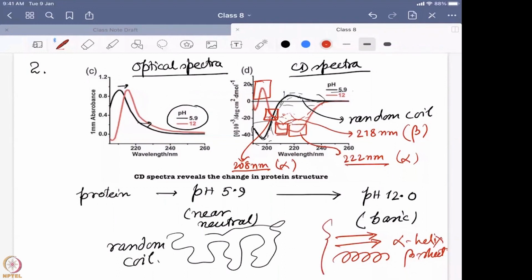Now the question might come up: why are we seeing such alpha helix and beta sheet at pH 12, which is not happening in neutral condition? So you can imagine what changes are going to happen if I go to a basic condition. There are two important parameters. One is the amide backbone.